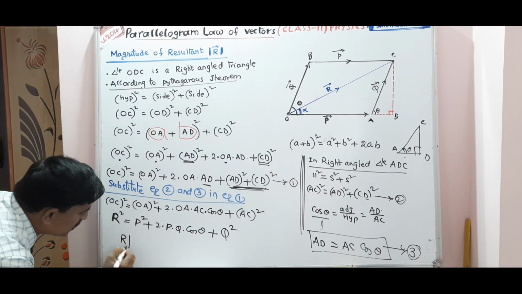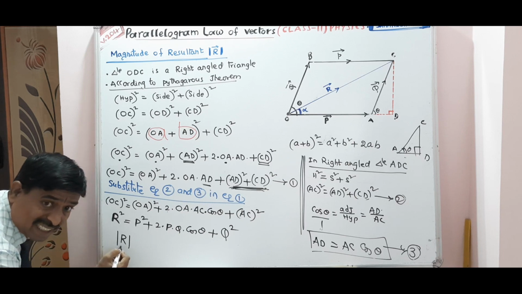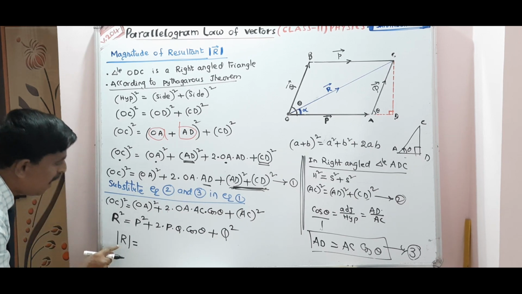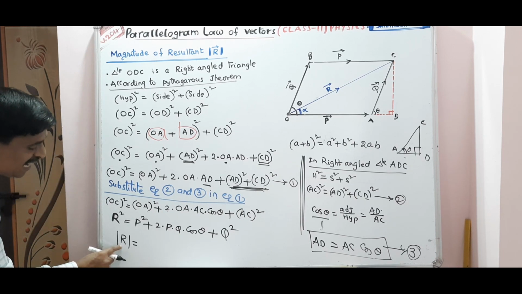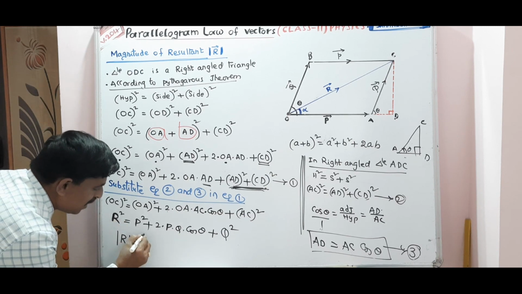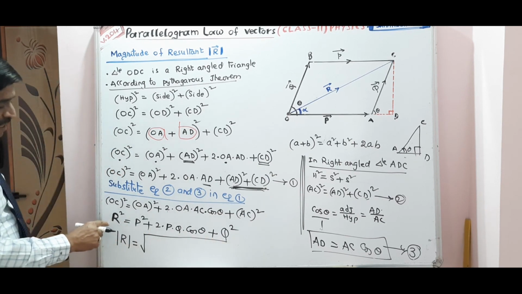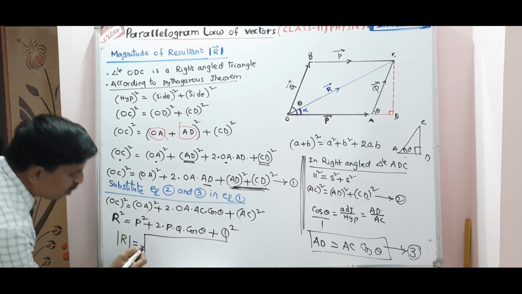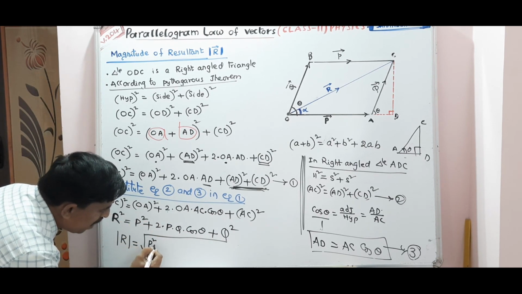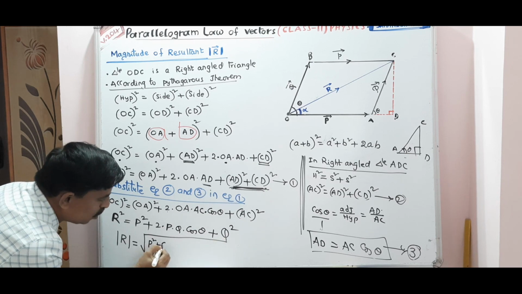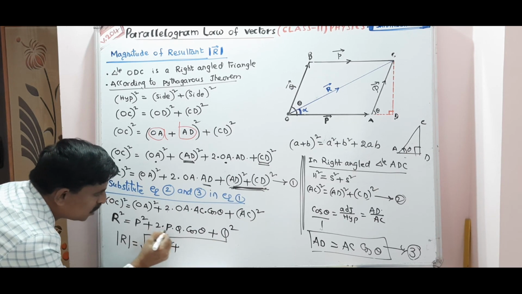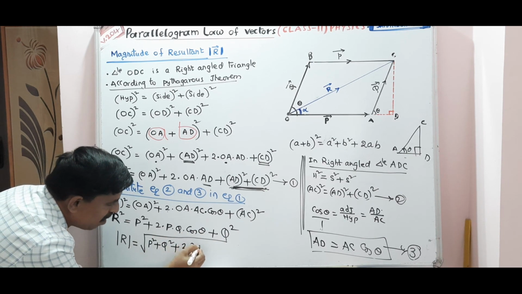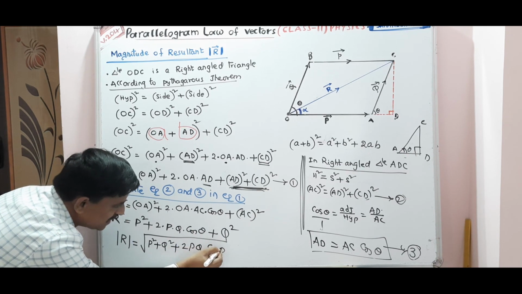R, the magnitude of the resultant, is equal to under root of P square plus Q square plus 2PQ cos theta.